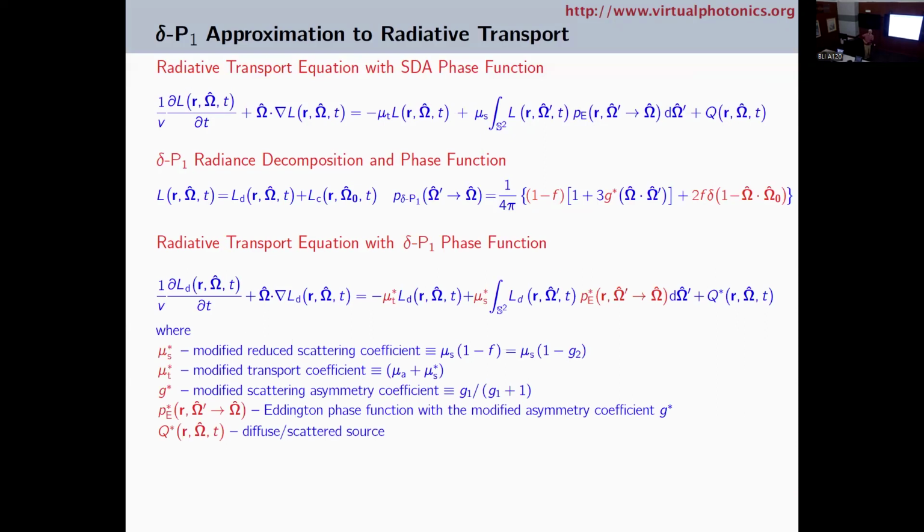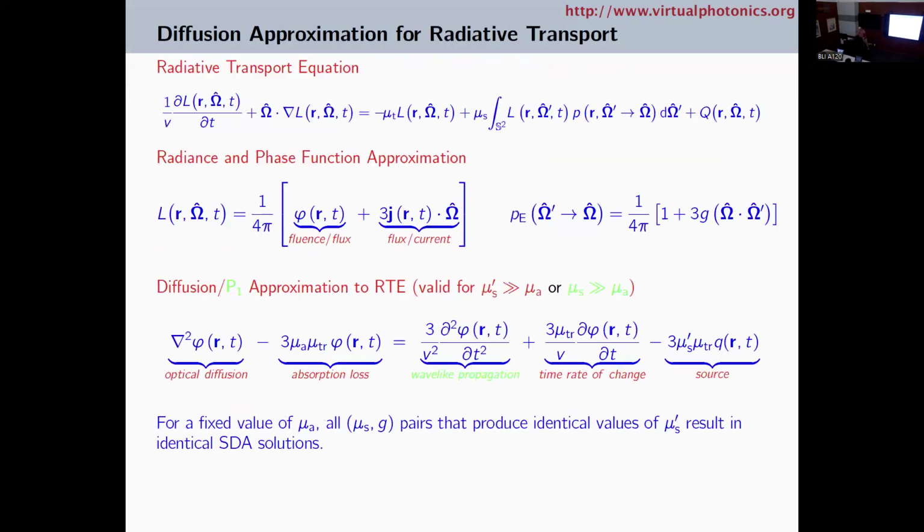Okay, so number one, this only comes up when you're doing time resolved, right? Because the only thing that's different between P1 and SDA is the time varying term. Let me go back to the equation. The only difference between diffusion and P1 is this term, and that's a time varying term. So if you're doing steady state, P1 and standard diffusion are the same, because that term doesn't appear at all.